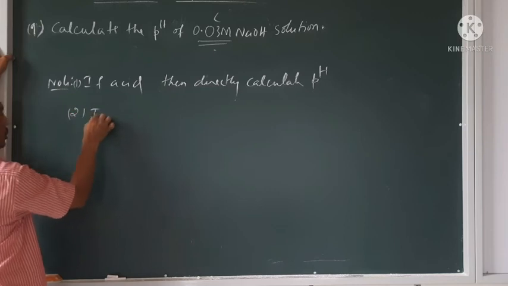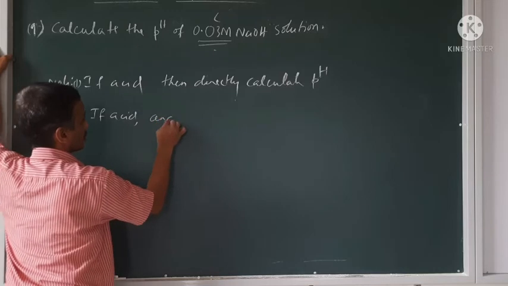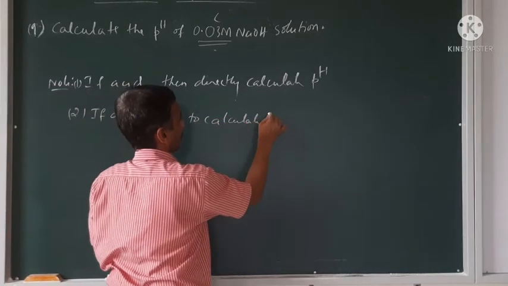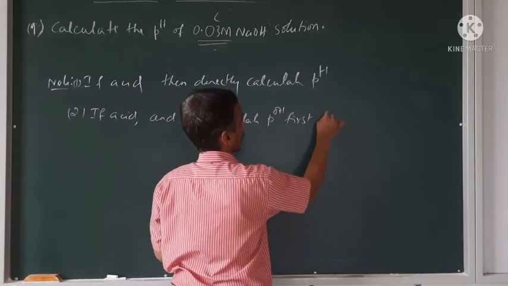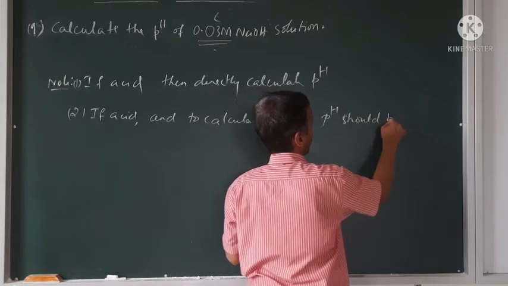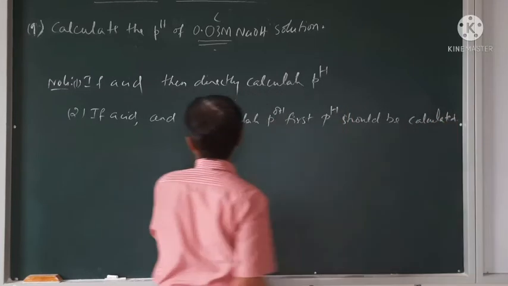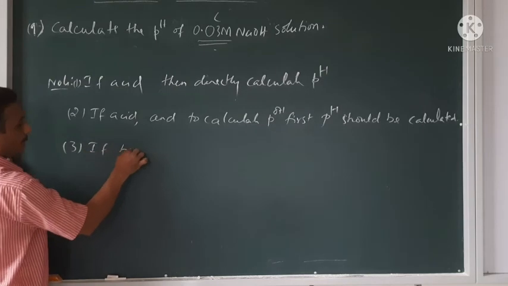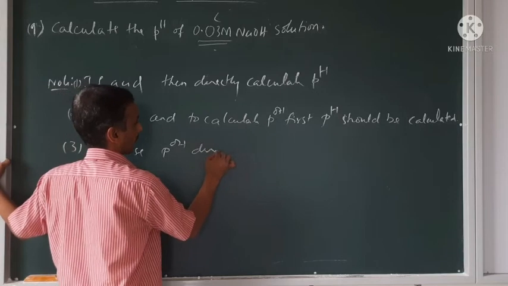So, if acid and to calculate pOH, first pH should be calculated. If base, pOH is directly calculated.